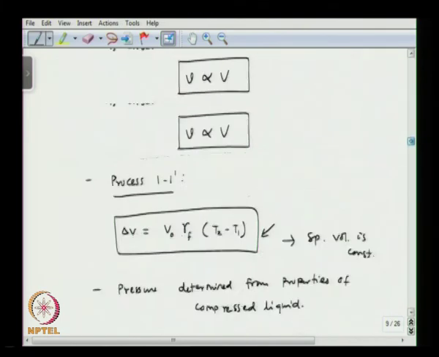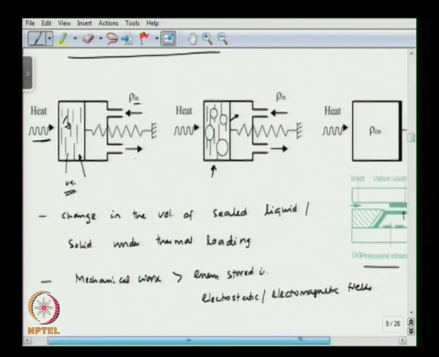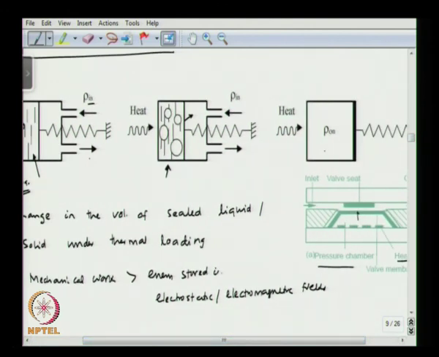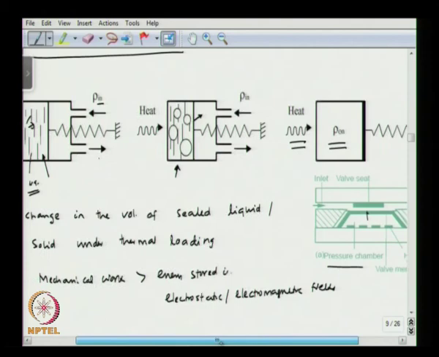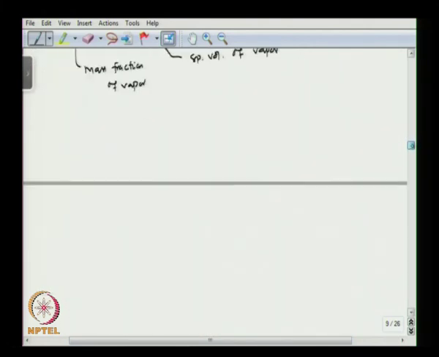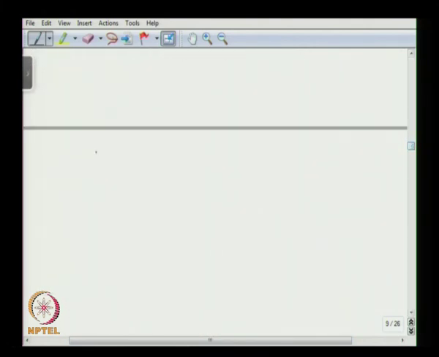Now, let us look at the third case. Here we have the complete vapor and it could be superheated. In the third case, the liquid vapor mixture is converted to superheated vapor.